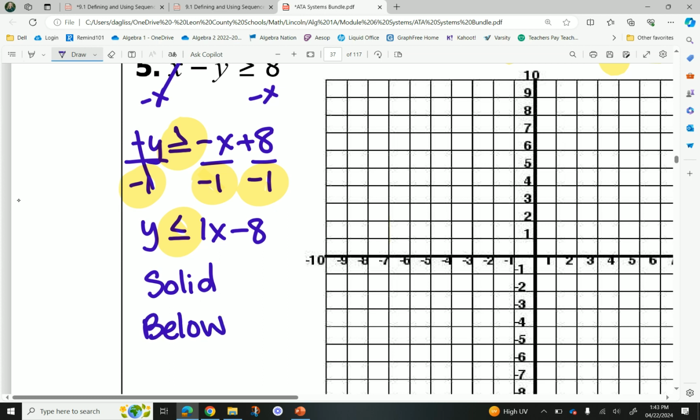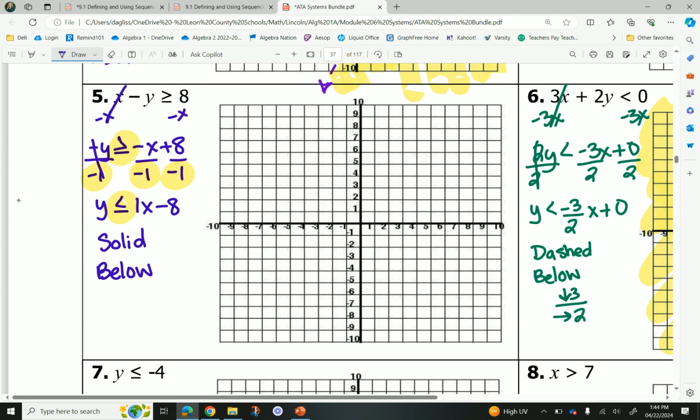Less than is below. If you could put your fingers over that and it looks like an L, it's going to be less than. Right? That would make an L. So it's going to be less than. Where does this line start? At -8. How am I going to move? There you go. Up 1 over 1.